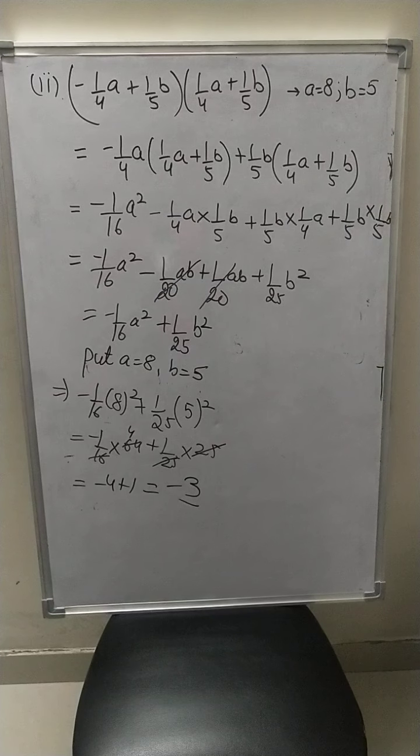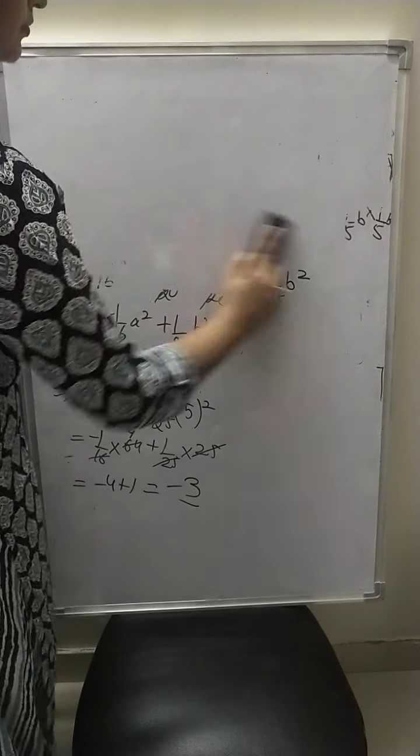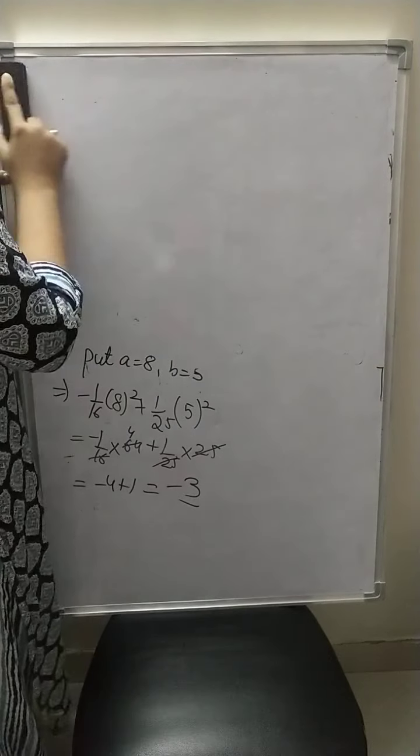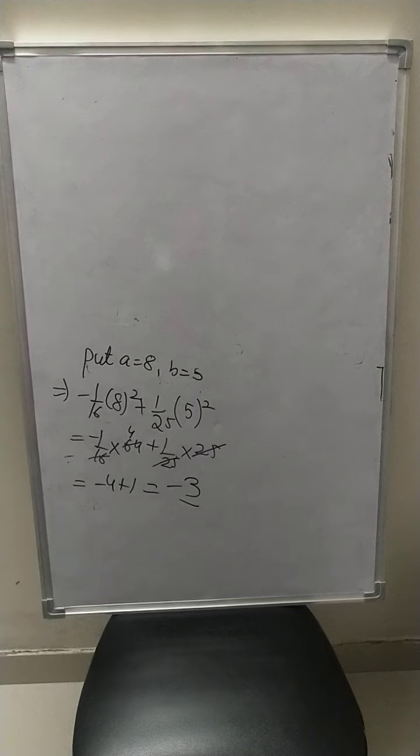Now I am coming to the third part of the question. So I am rubbing this part first. So what do I have? M plus n into 2m minus 3n.